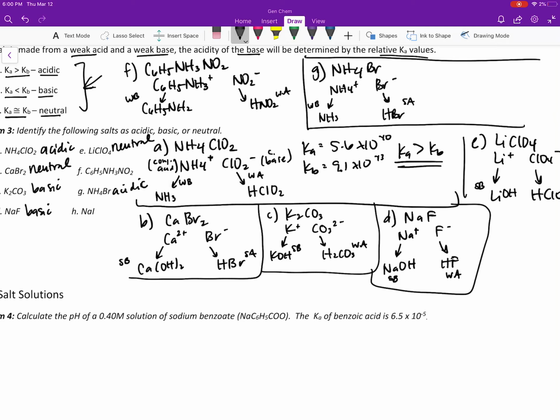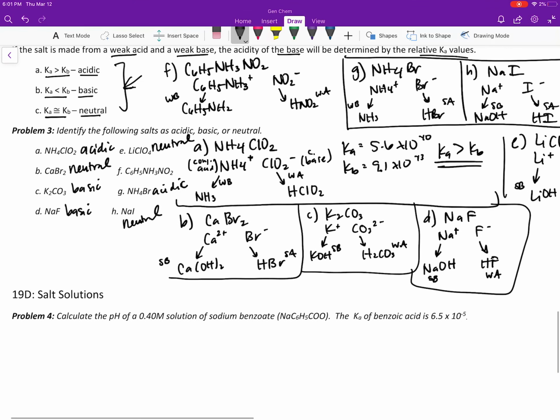Okay, and the last one, you may be able to see it's sodium iodide, which is Na plus, I minus, comes from NaOH and HI, strong base, strong acid, makes for a neutral salt.